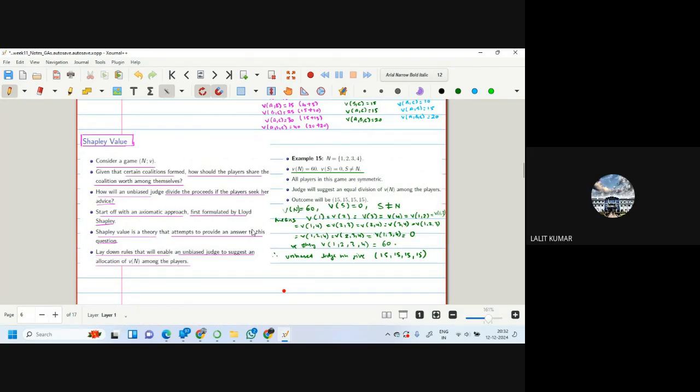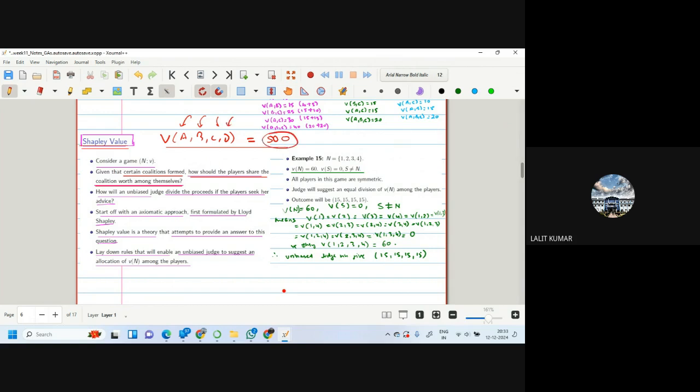Now this Shapley value is the allotment. Just now I was talking about certain coalitions that have been formed. How should the players share the coalition worth among themselves? Four players A, B, C, D are getting 500. Now how to share, who will get how much from this 500?